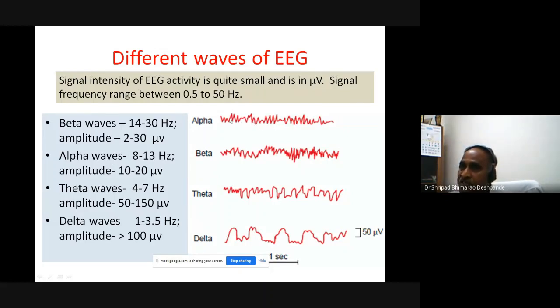The frequency of these waves, or the number of occurrences, is 8 to 13 hertz. They are larger in amplitude, about 10 to 20 microvolts.